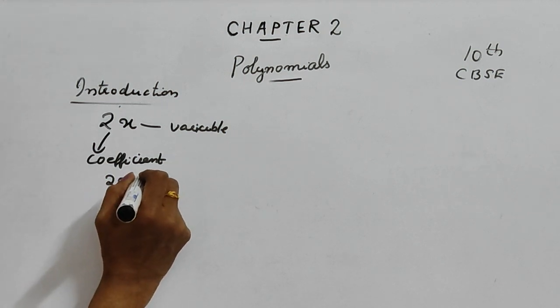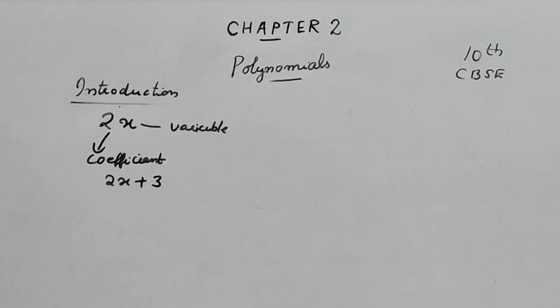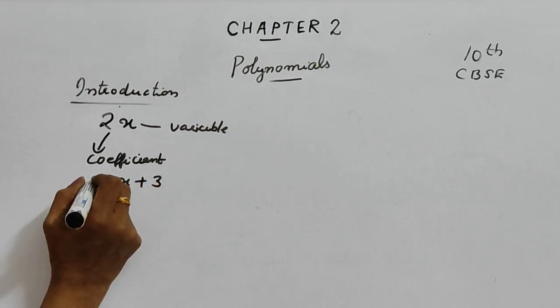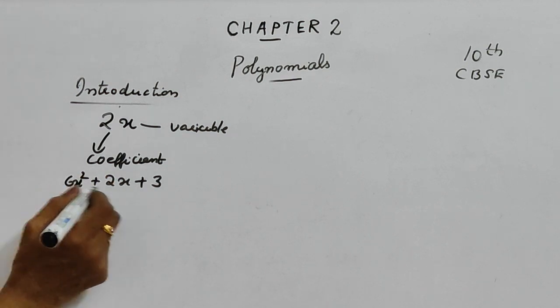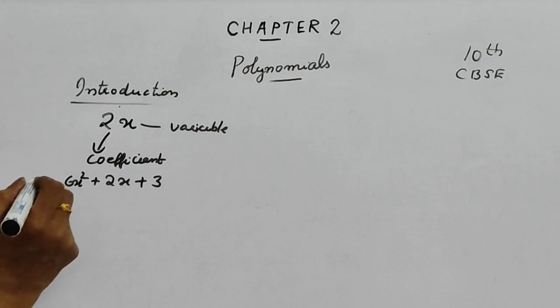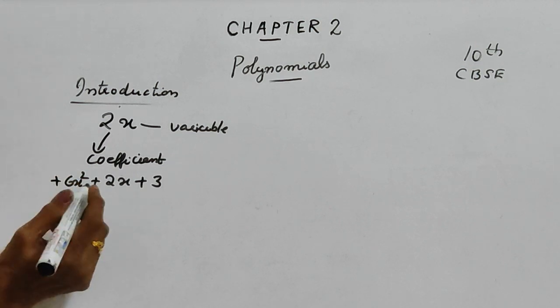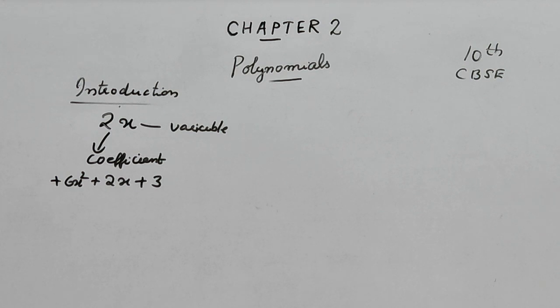If we add one more term, see here, 2 terms. Like that you can add any number of terms. See here, now it becomes 3 terms. In front of this you can add any number of terms. See here, chains of terms form polynomial.